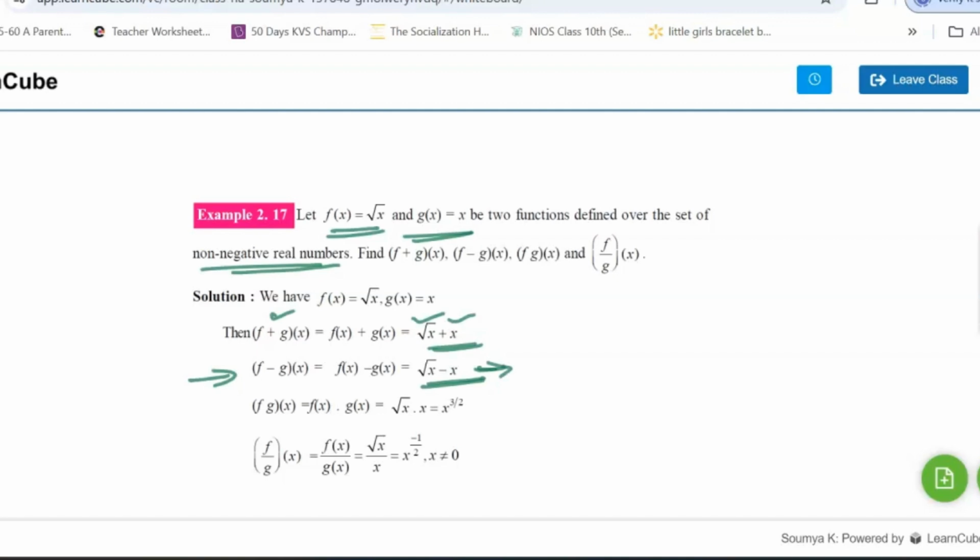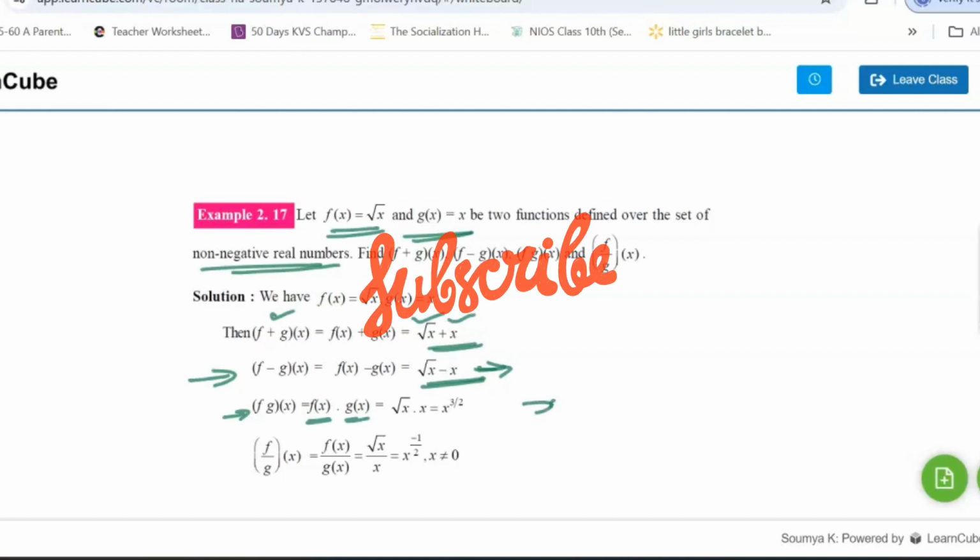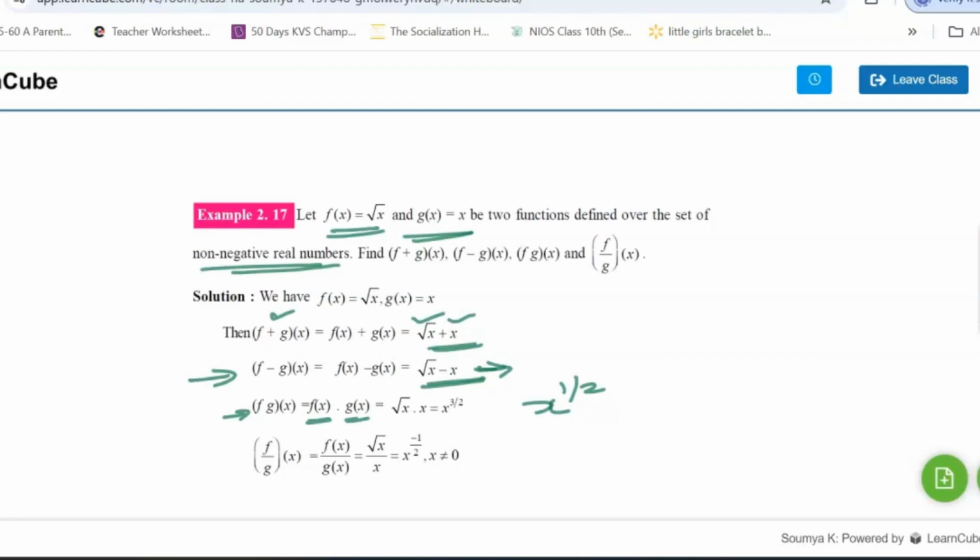For multiplication, when we have to do f into g of x, separately you have to multiply them, and you get x raised to 3 by 2. How do you get it? Root x means it is x raised to 1 by 2, into x raised to 1. Both the bases are x, so you add the exponents: 1 by 2 plus 1. When both the bases are the same, the exponents get added up. This is a mathematical property that we'll be using.